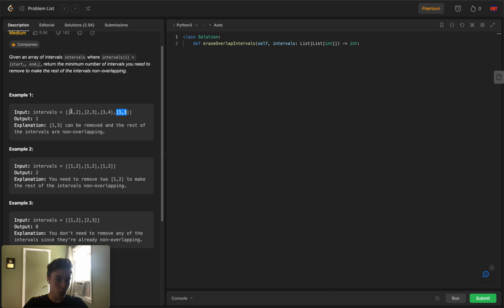What if we just remove 1, 2, 2, 3? Well, it's asking us to remove the minimum number of intervals. So in this case, it's definitely easier to remove 1 than to remove 2.